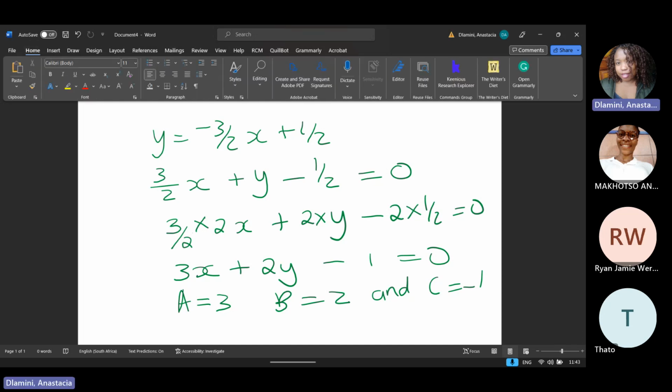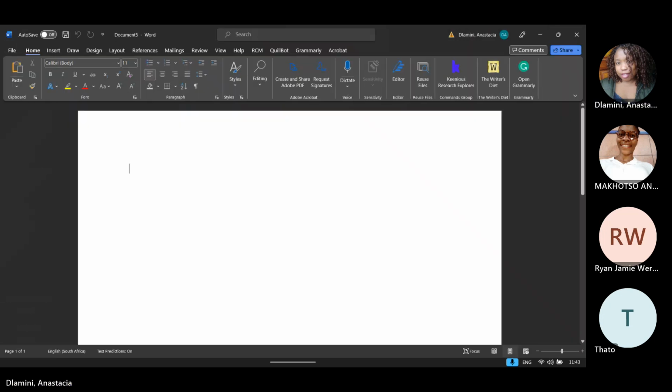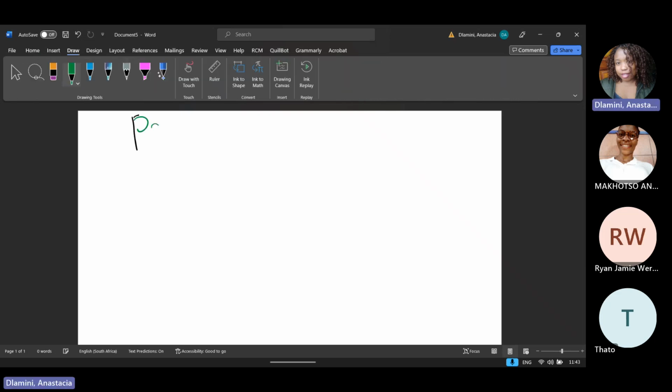Now let's go to a quadratic function, which is also called a parabola. So let's just call it a parabola. A quadratic function has 3 forms, right? You can represent it in 3 forms.